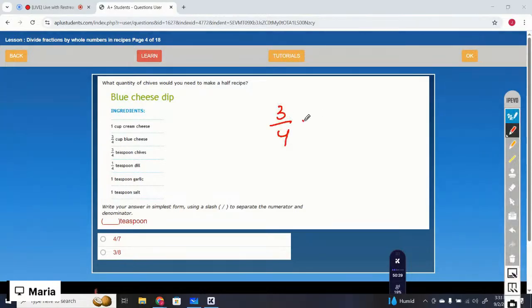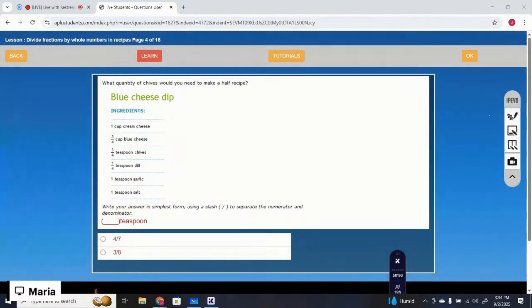So you are going to divide into half, divide them by 2. That is 3 by 4 times 1 by 2. That is 3 over 8. Option number 2 is the correct option. That is 3 by 8. Option number 2 is the correct option.